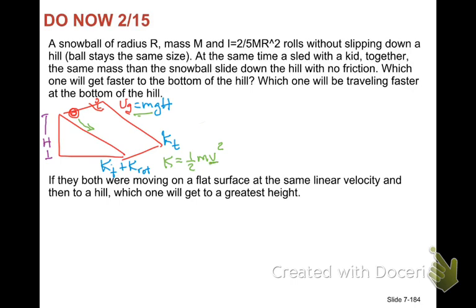And notice we have all the information. We know the mass of the object, we know the height, we know the acceleration due to gravity. And that's it. We don't need anything else. So let's use energy conservation concepts.